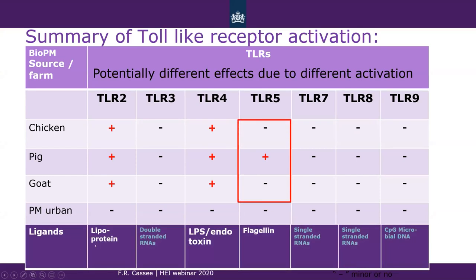Now, what does it tell you? That the material is quite rich in endotoxins and lipoproteins, but only in the pig farm you have another source, which is flagellin, which is also from a bacteria.